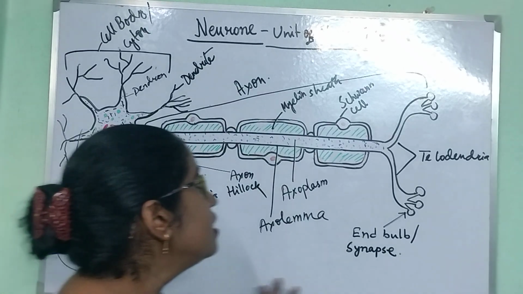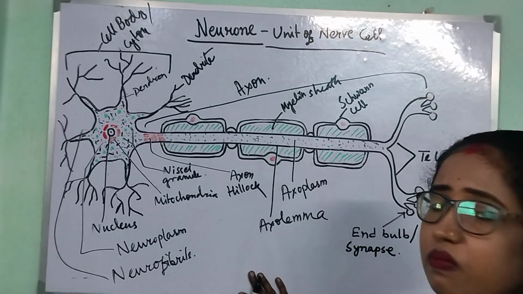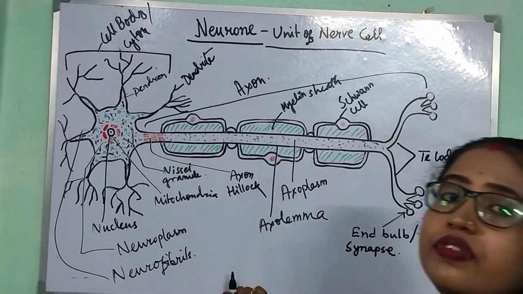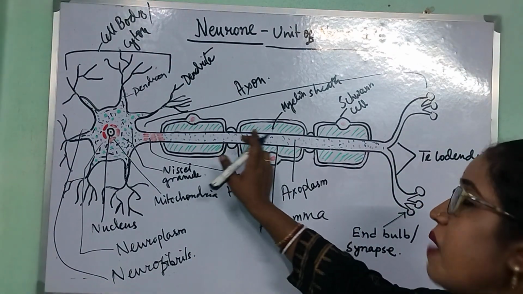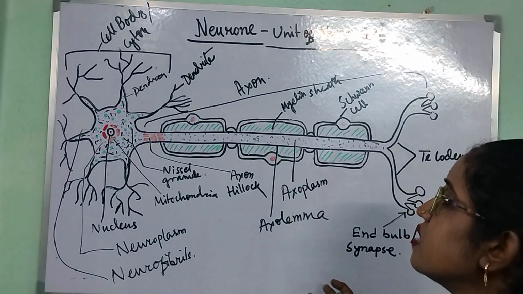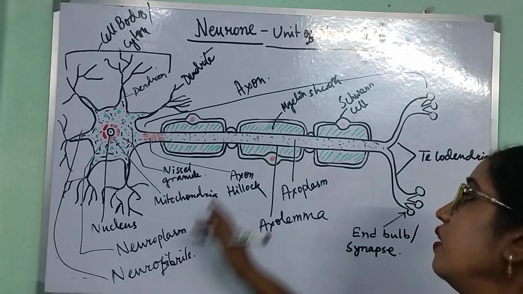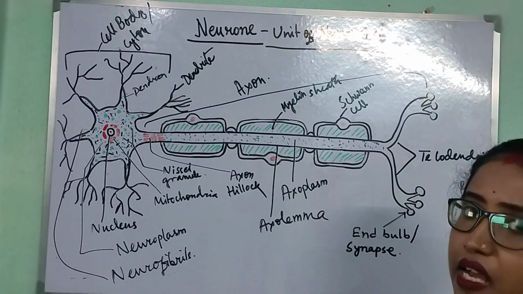So this is the detailed structure of the neuron. In some neurons, axons have this myelin sheath, and some lack the myelin sheath. The axons that have the myelin sheath are known as myelinated axons, and those that lack the myelin sheath are known as non-myelinated axons.